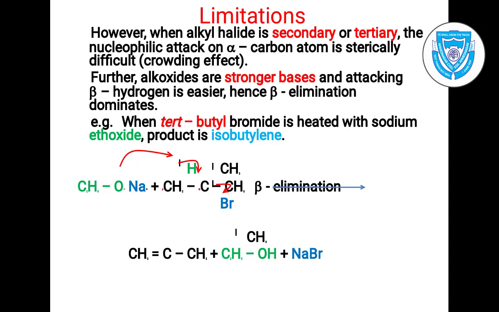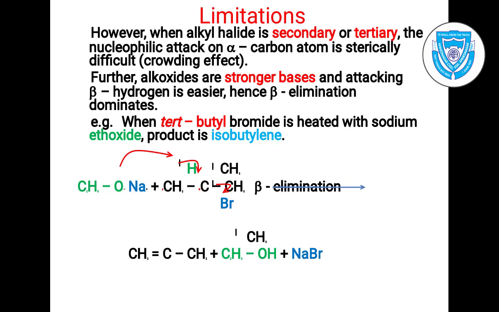What is happening is alkoxides are stronger bases and attacking beta hydrogen is easier, hence beta elimination takes place over here. For example, when tertiary butyl bromide is heated with sodium ethoxide, isobutylene is formed as the product.